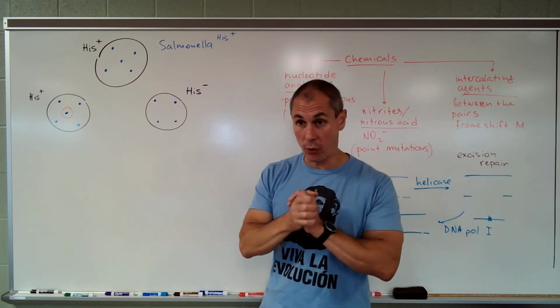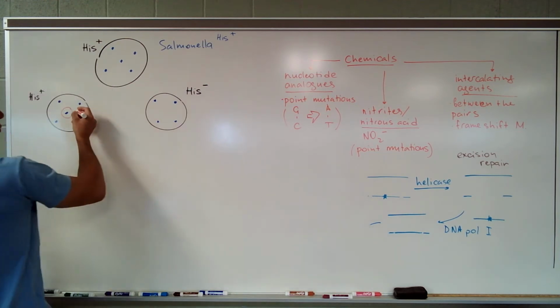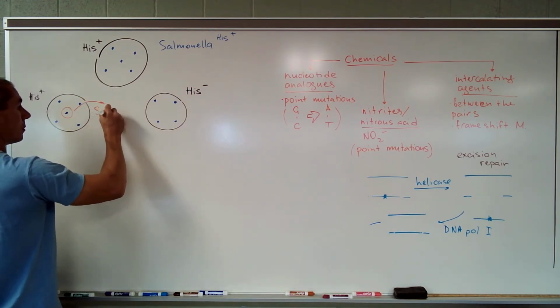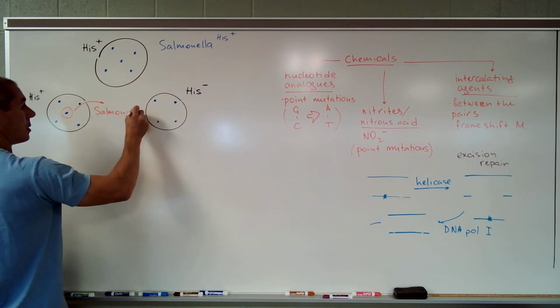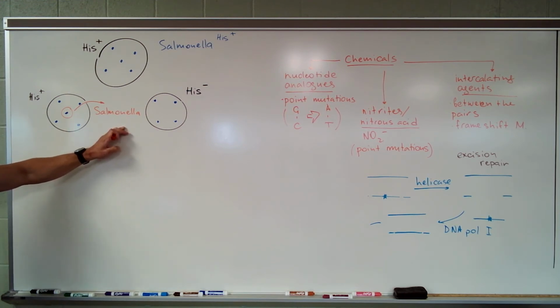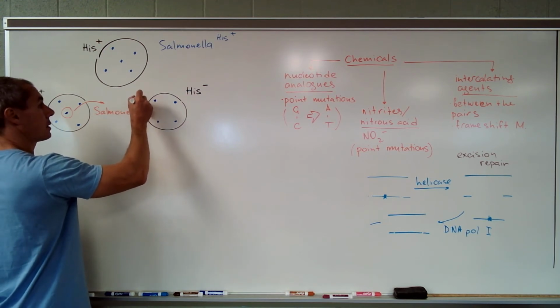So far, are you following me? So we've got this colony, which is also salmonella, but this salmonella can't make histidine on its own. So we're going to call it histidine minus.